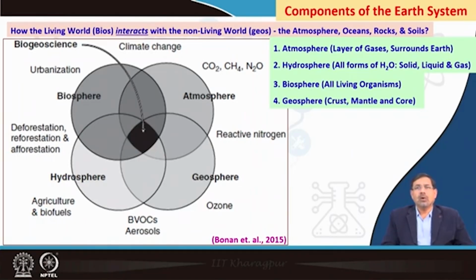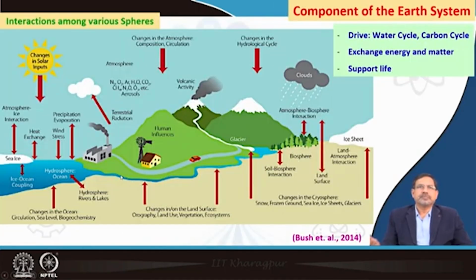So biosphere, all the living organisms; geosphere, the crust, the mantle, and the core; atmosphere, the layers of gases around the earth; and hydrosphere, that mostly talks about the cycling among and between all the different phases of water.